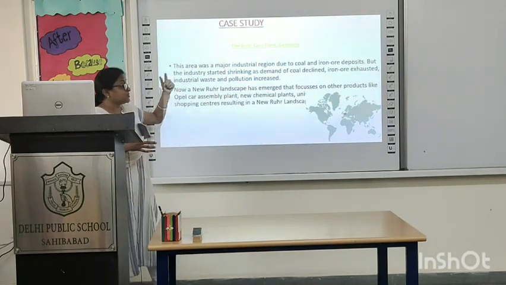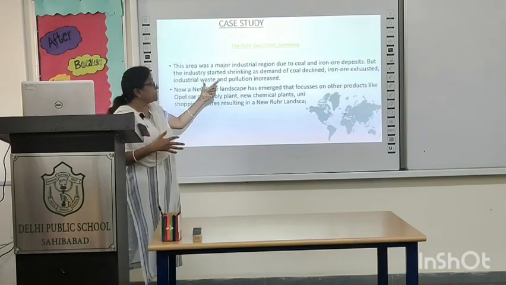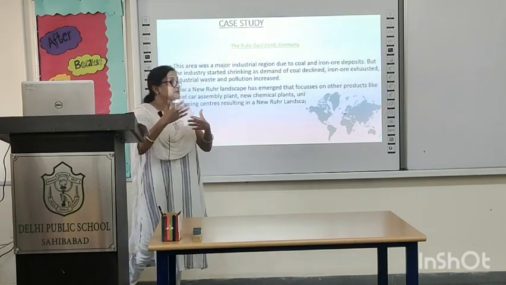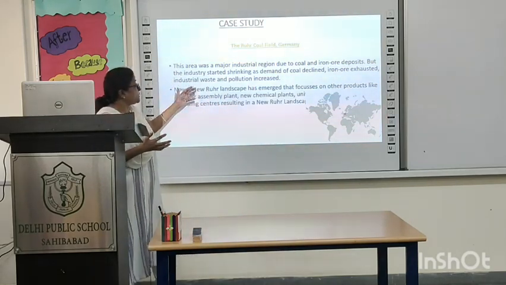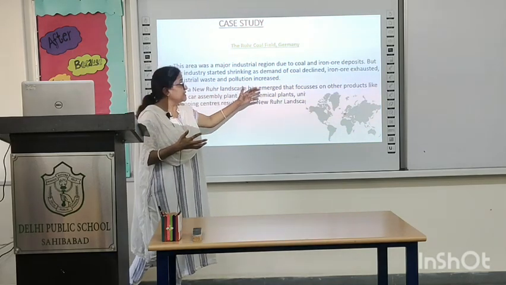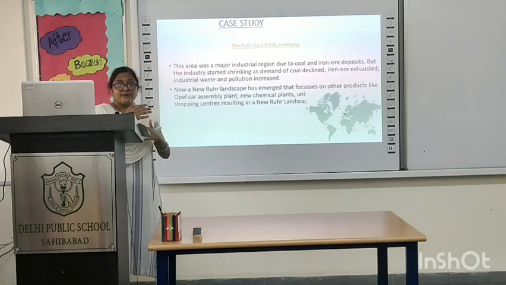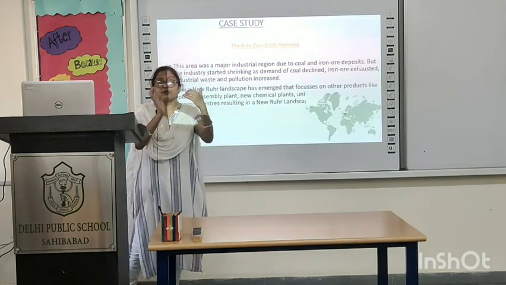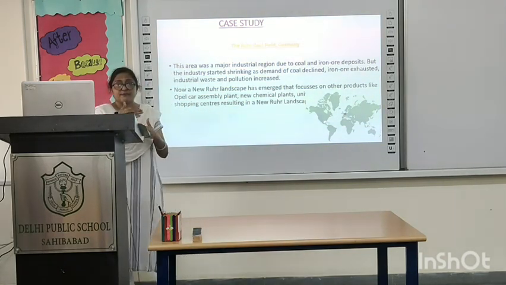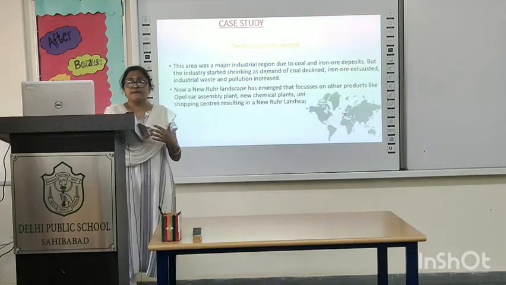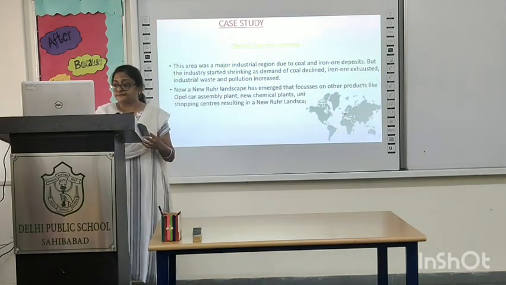Iron ore was exhausted, and industrial waste and pollution increased. Now a new rural landscape has emerged that focuses on other products like a local car assembly plant, a new chemical plant and shopping centers.